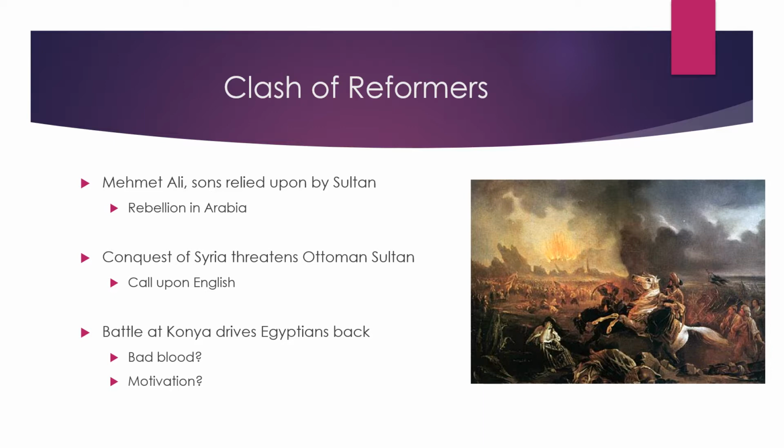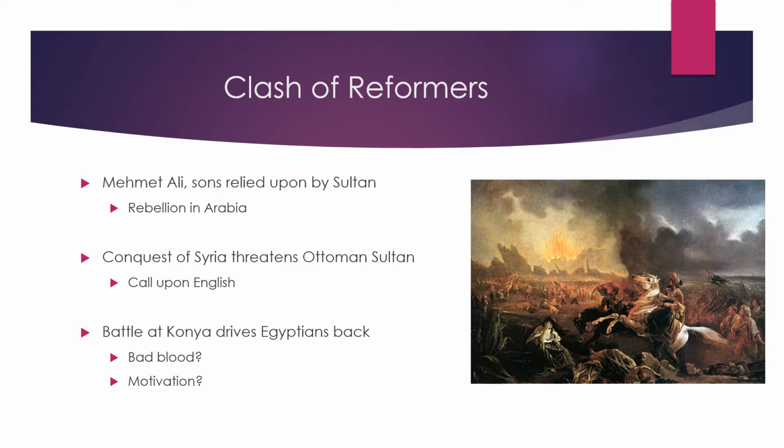They encourage the use of Arabic rather than Turkish to differentiate between themselves and the Ottomans. And also, there's a little bit of motivation to the attempt to conquer the Ottoman territory from the Egyptian point of view.